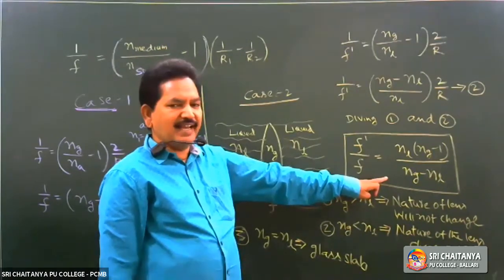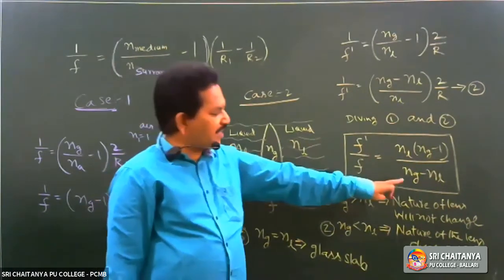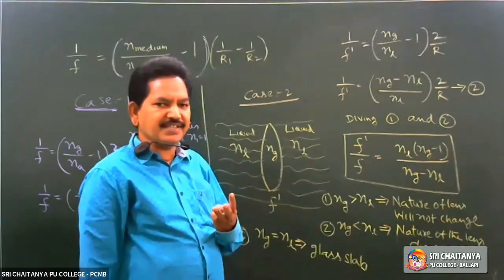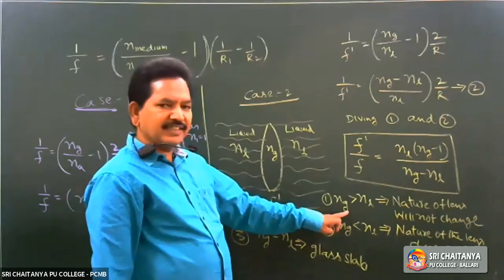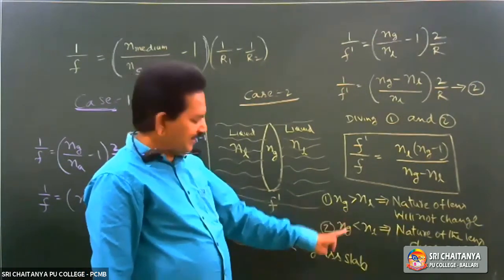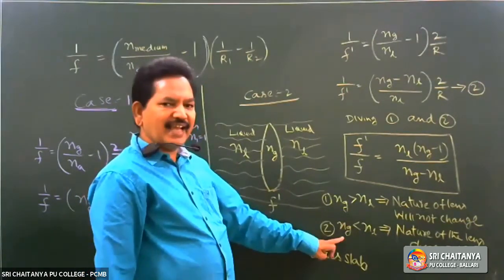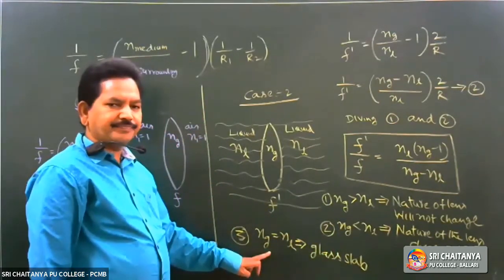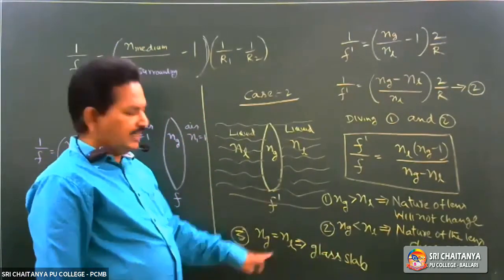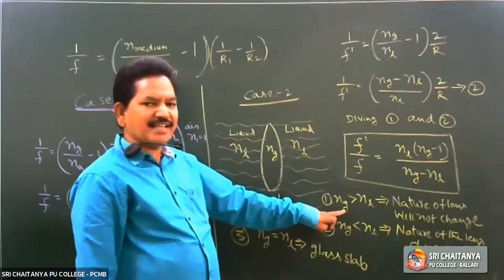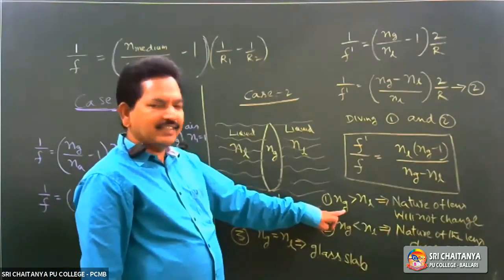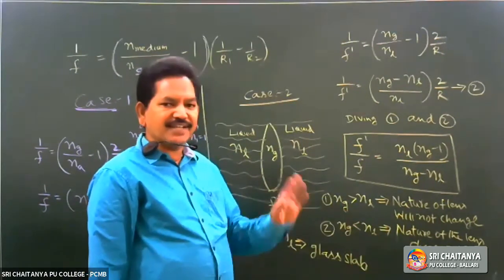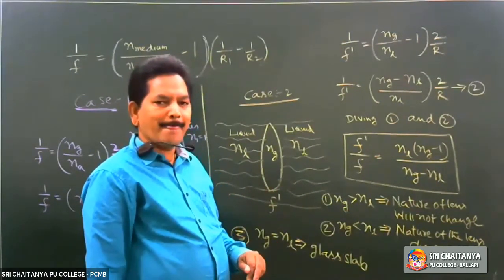Based on the Ng and Nl values, three conditions arise: Ng greater than Nl, Ng less than Nl, Ng equal to Nl. If the refractive index of the glass is greater than the refractive index of the liquid, the nature of the lens will not change.